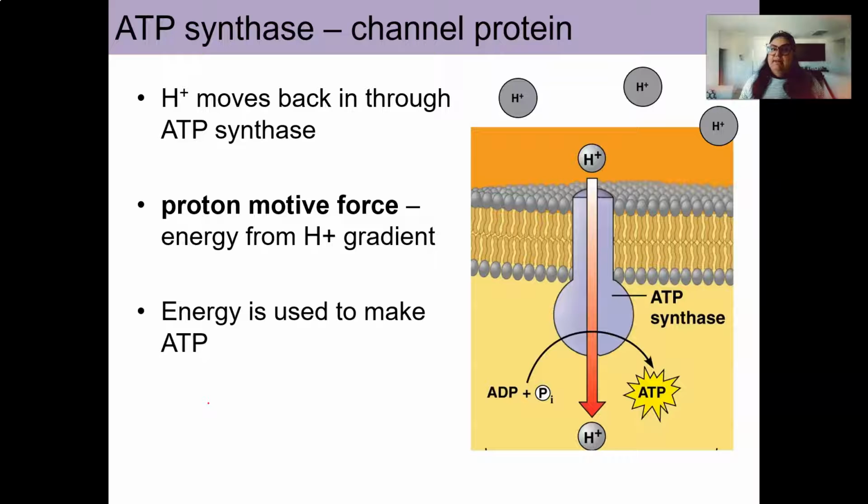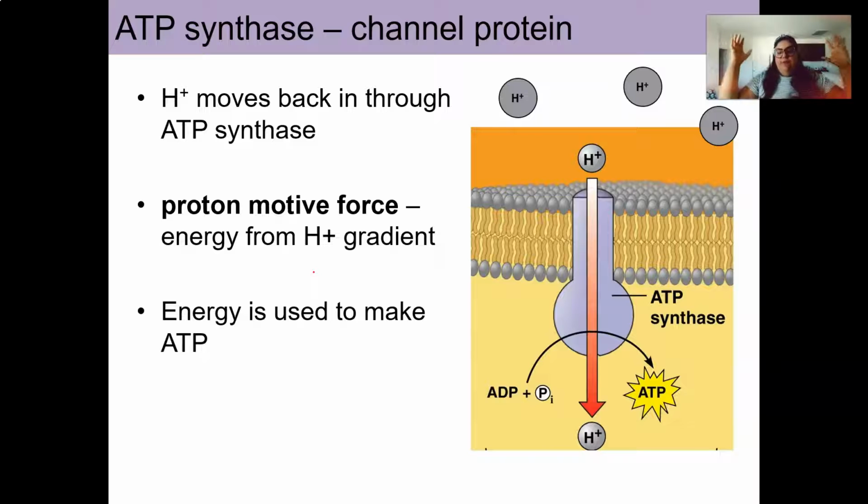And just like it sounds, it synthesizes ATP. So the proton motive force, energy from the proton gradient, they basically all fall through this ATP synthase to create ATP.